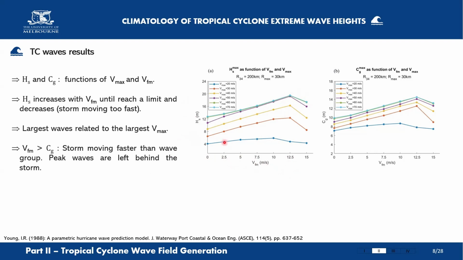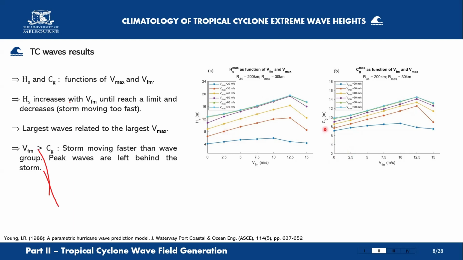We can see the same pattern for different wind velocities. We have the Vmax increasing upwards, with the largest waves related to the maximum Vmax. We can see the maximum Vmax in this light blue color here.